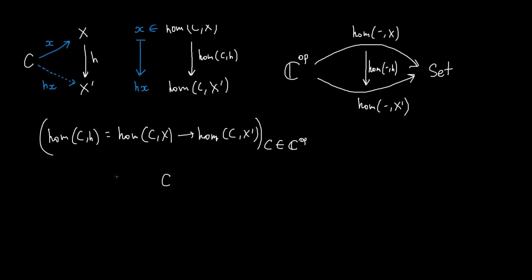If I evaluate the first functor on the morphism, I'm going to get Hom(C, X) going to Hom(C prime, X) by Hom(F, X).